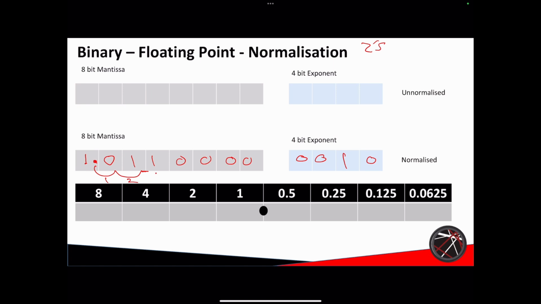What that would mean is when we transpose it down into here, it would look like this. Which would be minus 2.5.